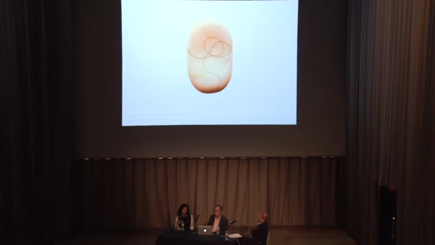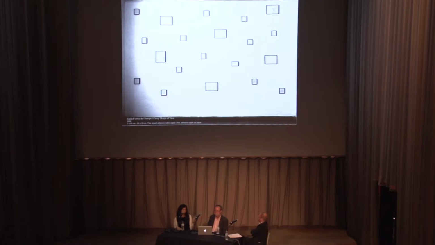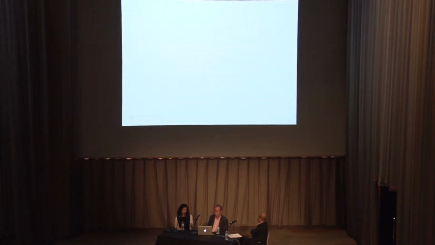Also it's optimism, because with so little you can do so much. The same with the chewing gum drawings. So this is hair on paper. I did 80 drawings with hair.